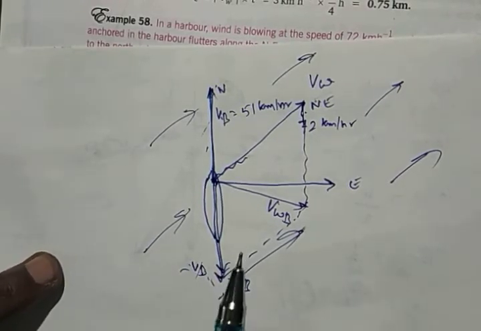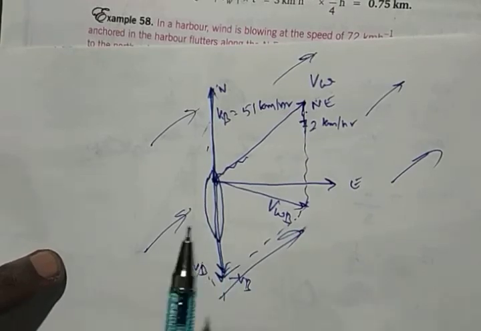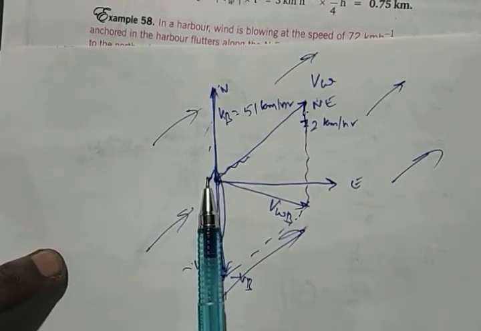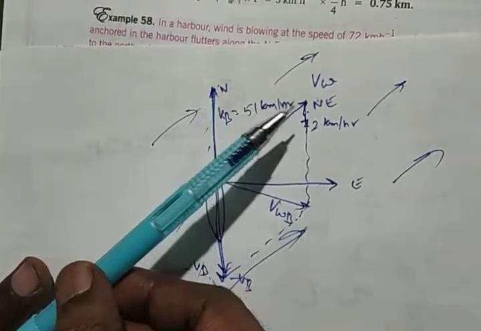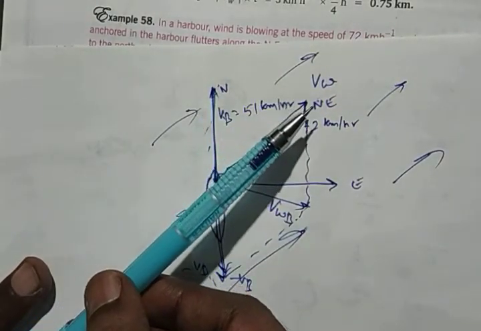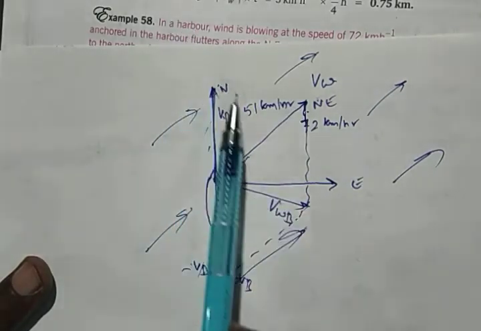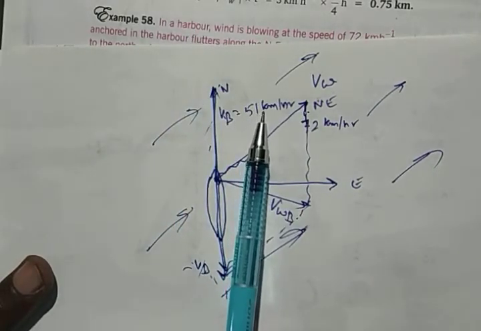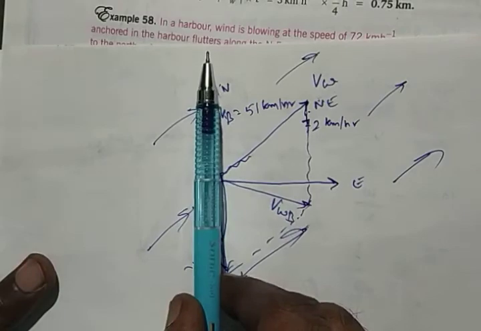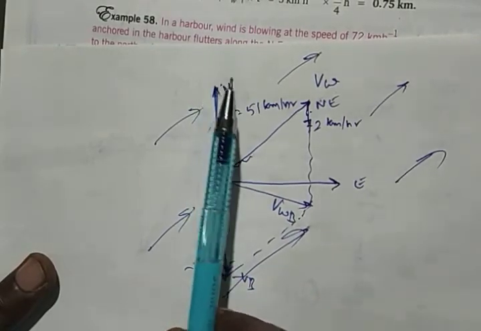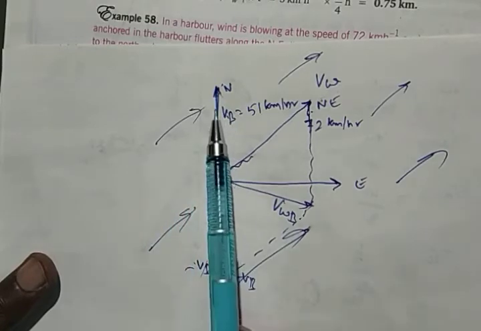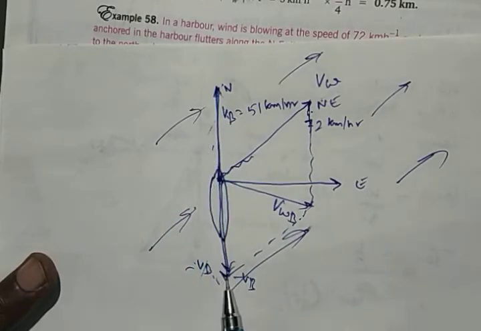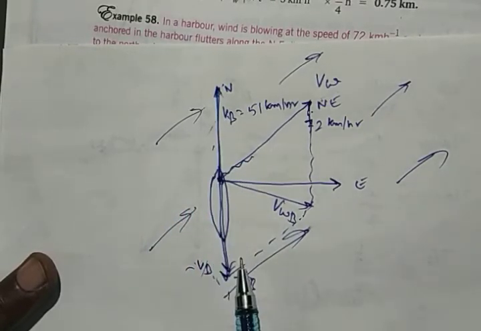I'm explaining again. In the first instance the boat is at rest and only the wind is moving, so the flag flutters like this. Then all of a sudden the boat heads in this direction with a speed of 51 kilometers per hour. When the boat is heading in this direction, in what direction will the flag flutter? We impose an equal and opposite velocity of the boat, once for the boat and next for the wind.